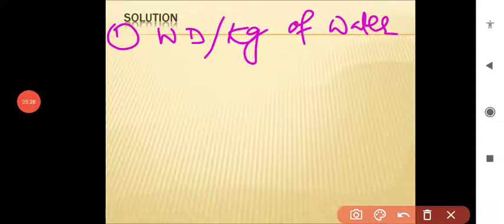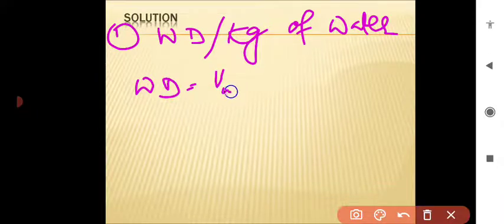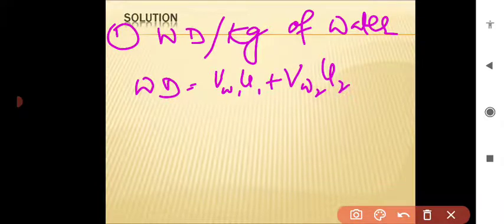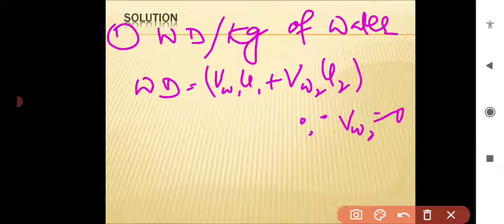We know the work done is equal to Vw1 u1 plus Vw2 u2, but here Vw2 is equal to 0, and Vw1 is equal to u1.